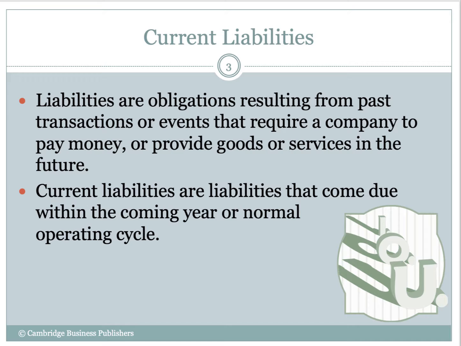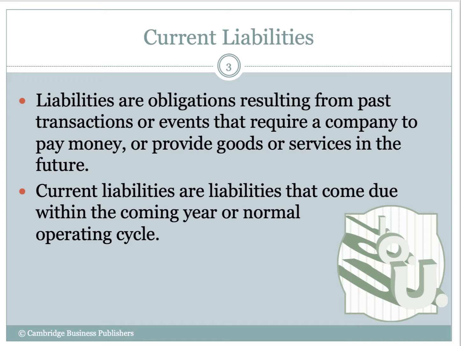Okay, so when we're looking at current liabilities, these slightly differ from long-term liabilities. What differentiates a current liability from a long-term liability depends on the time frame in which that liability comes due. Current liabilities are liabilities that come due within either the year or the operating cycle, whichever is longer.